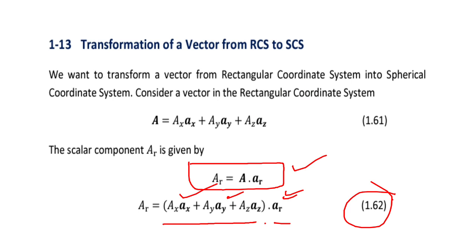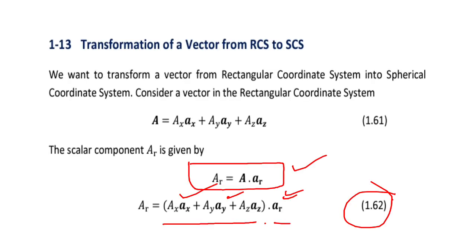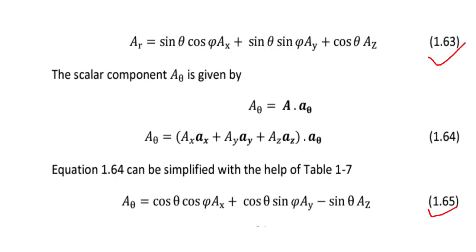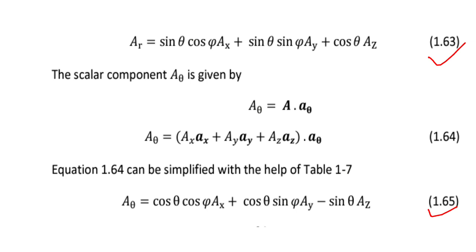So ax dot ar results in sin theta cos phi. ay dot ar results in sin theta sin phi, and az dot ar results in cos theta.